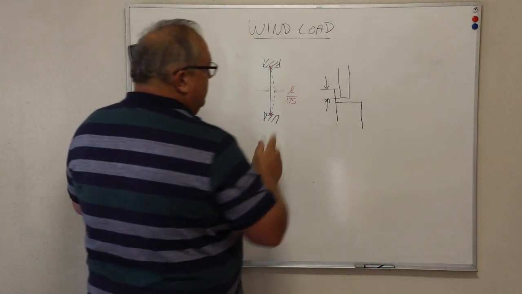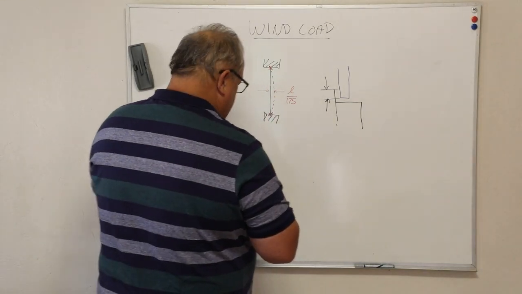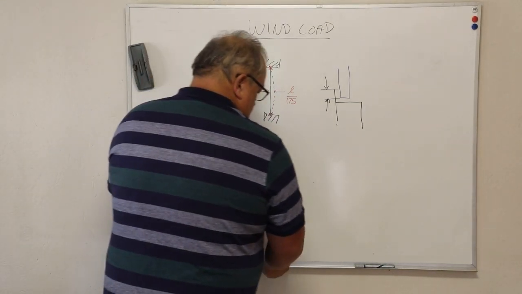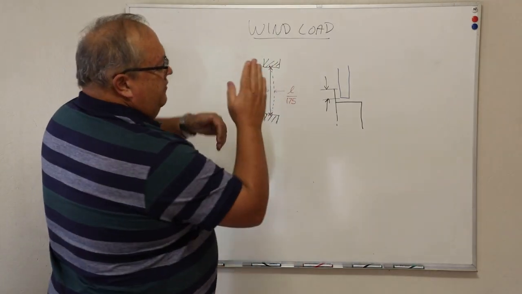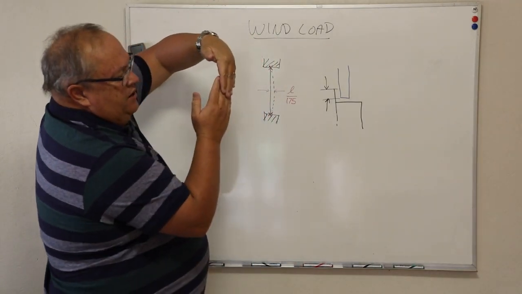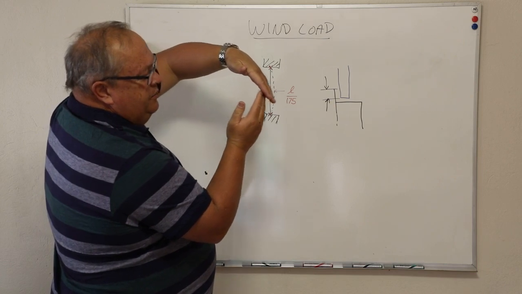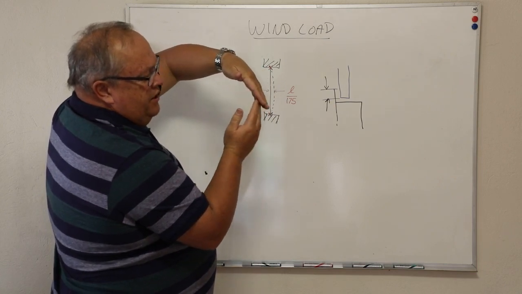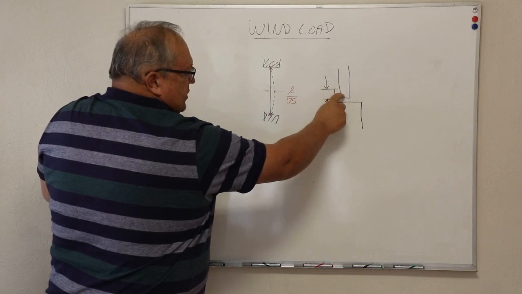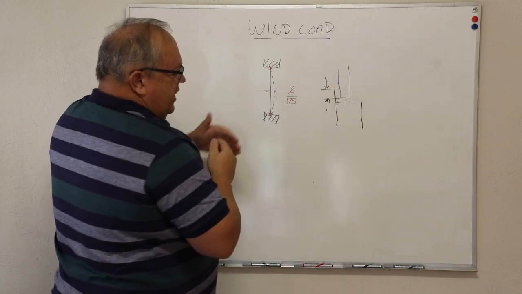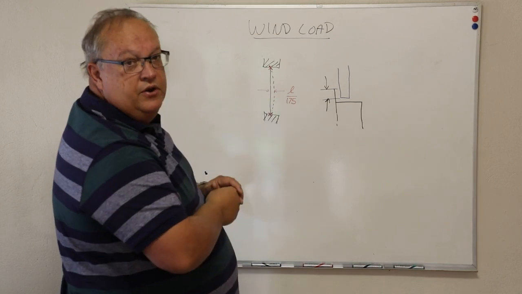What happens when this profile starts deflecting is that if this is my piece of glass and this is my aluminium frame, as that profile deflects, that overlap, this distance here between the edge of the glass and the end of that lip, starts decreasing.